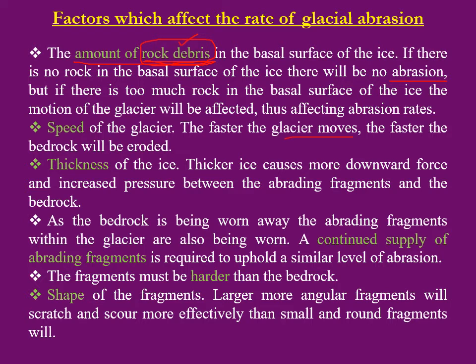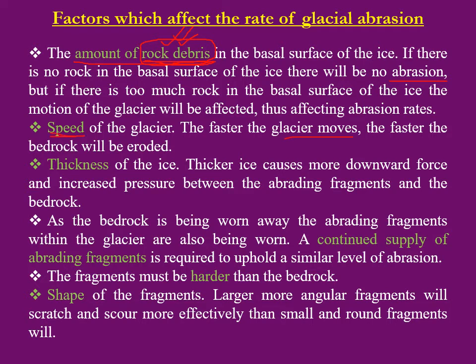If the glacier moves faster over this area, then during this 1 year interval, that 1 square meter area will suffer more rock debris passing over it, because the speed is very high.